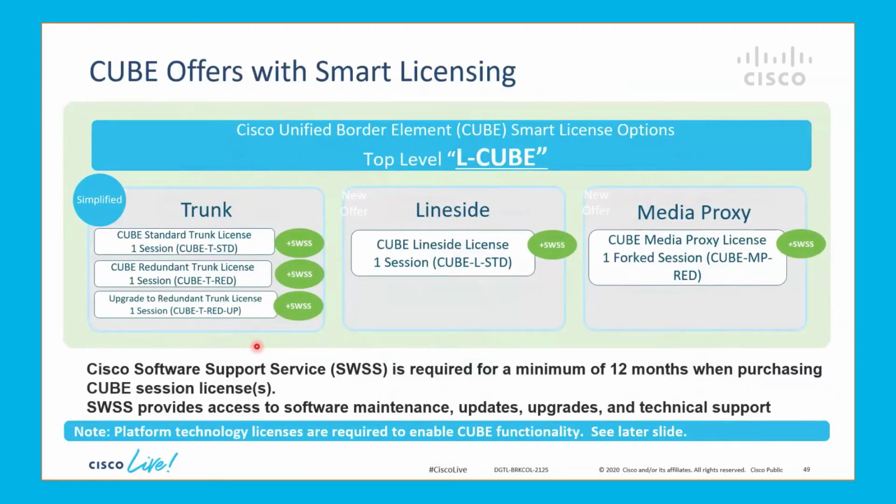So these are the SKUs when it comes to trunking. We also have a smart licensing SKU around Cube line side, and then we also have one for Cube media proxy.